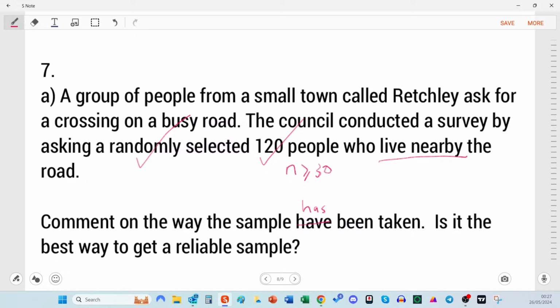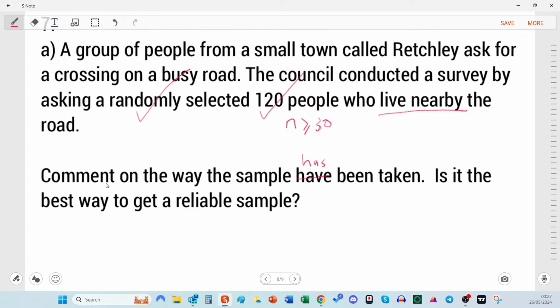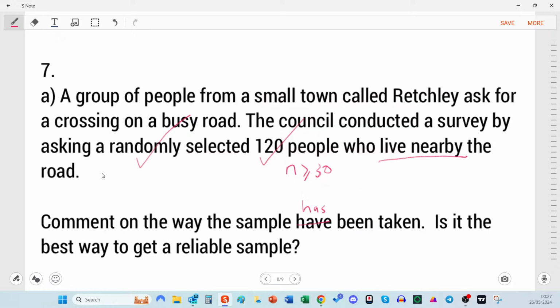Here we're living nearby, and everyone therefore has an interest in this thing, because they're most likely to be near it or using it. Or they'll be affected by the roadworks as it's being built. So lots of opinions are really good in this case. I think this is a pretty good sample. It probably is the best way to get a reliable sample.